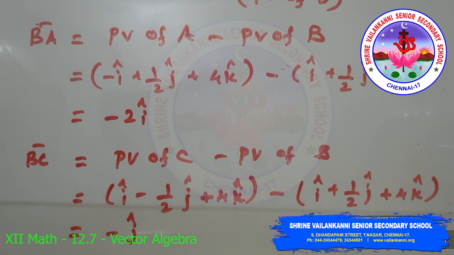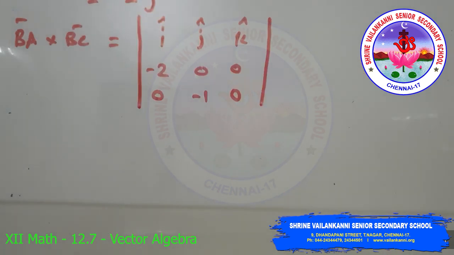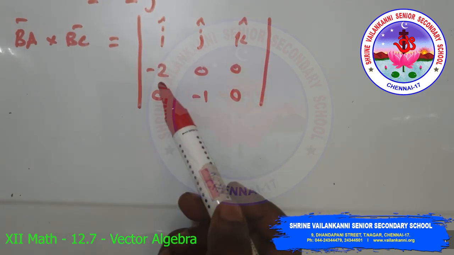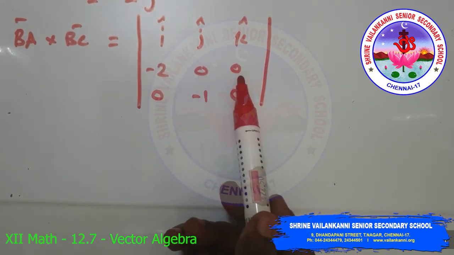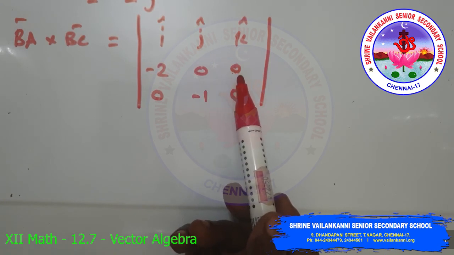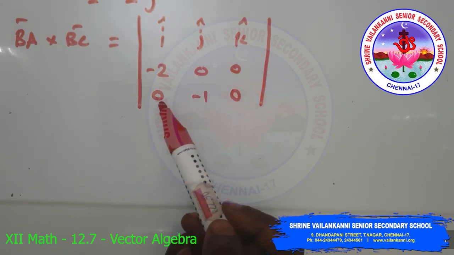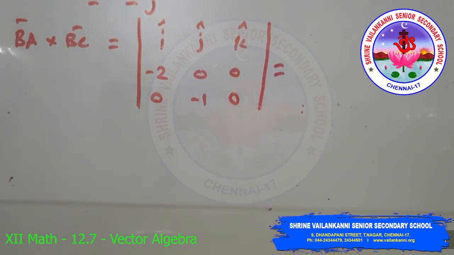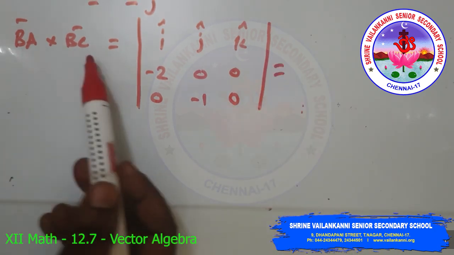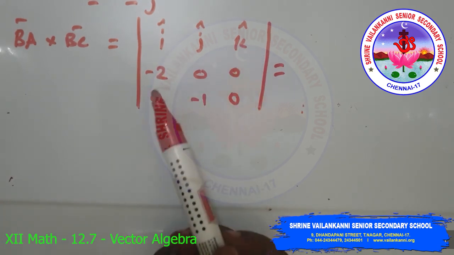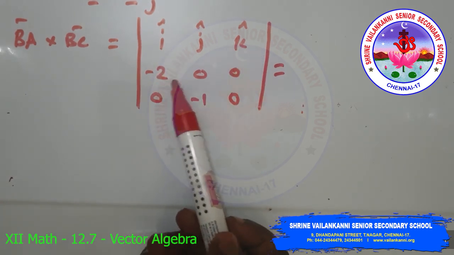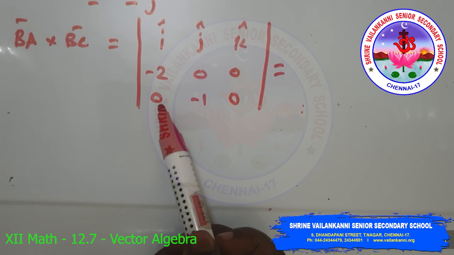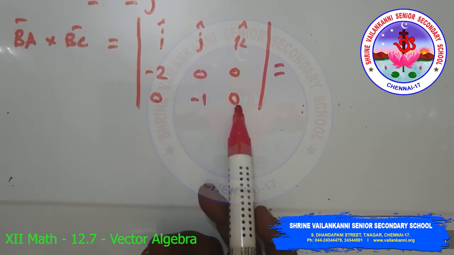Now we need to find BA cross BC. So i, j, k; BA is -2i, the other j and k are 0, and BC is -j, i and k are 0.